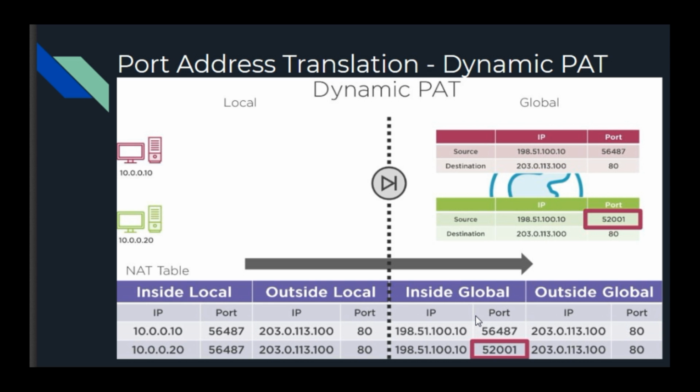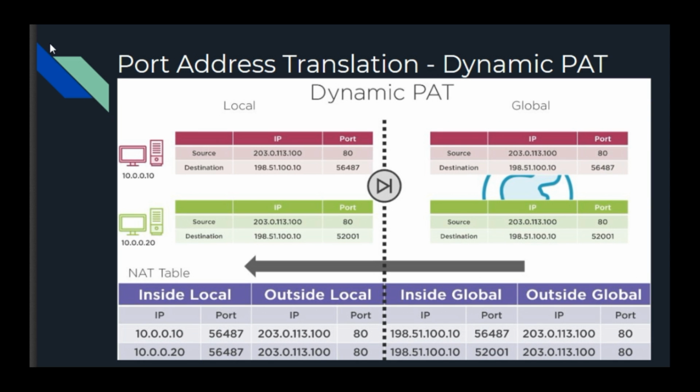So port address translation means changing the source port. Okay, so you can understand now. This is our WAN IP address, and this is the port. This is also our WAN IP address, and it's changed to another port because it creates a session at the same time, and this is the outside global IP address and ports.